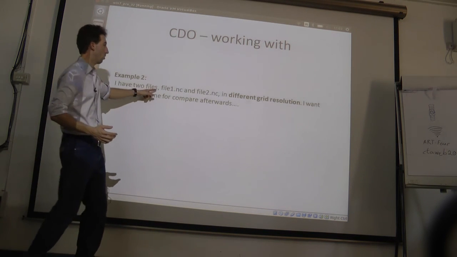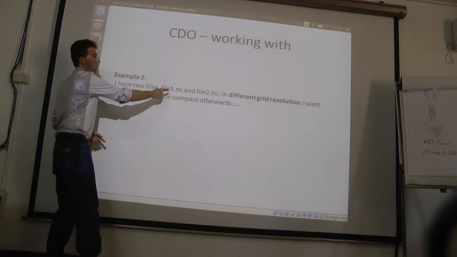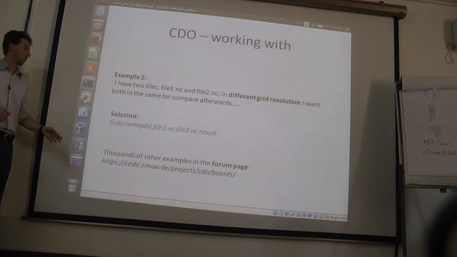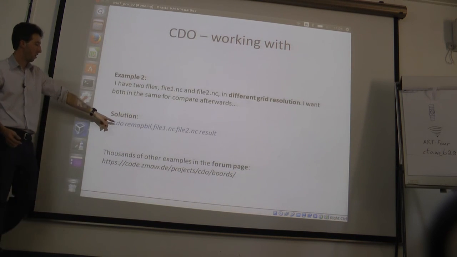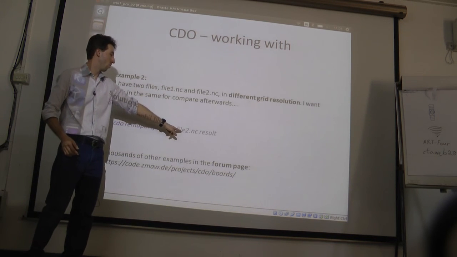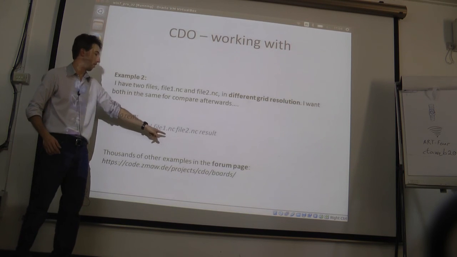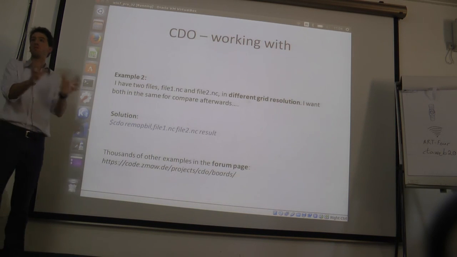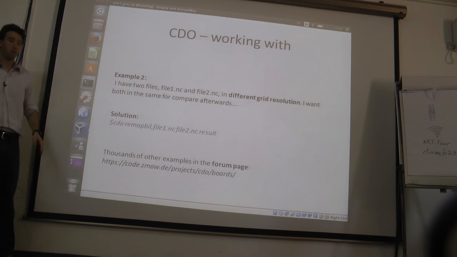So you have to convert, for example, file 1 to the same resolution as file 2. With CDO, you do it in one command line, like remapbil file 1, and then file 2, and the result will be file 1 in the resolution of file 2. You have a third file with the same resolution.